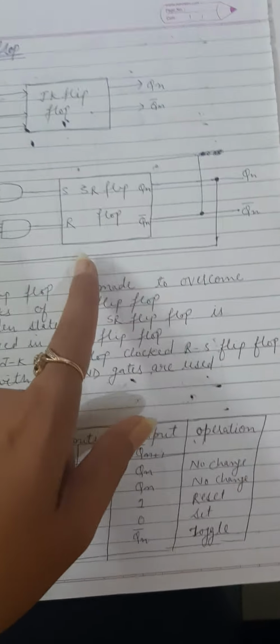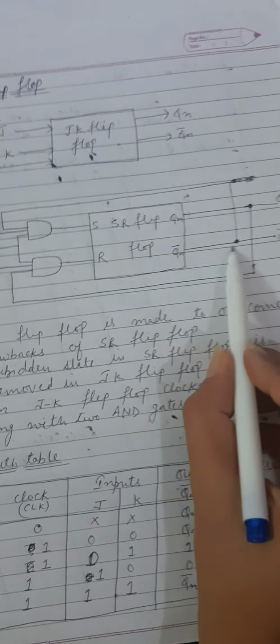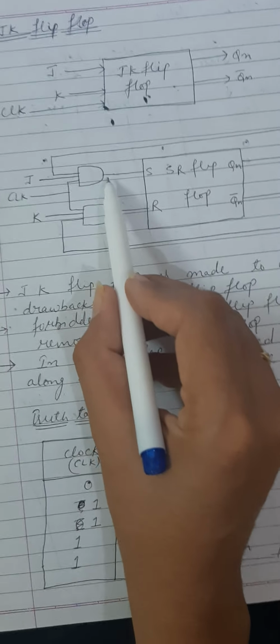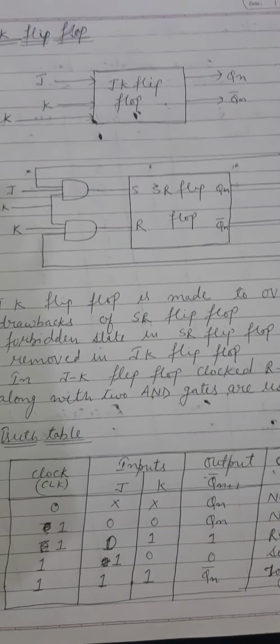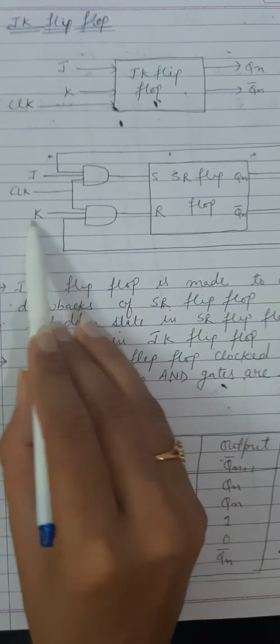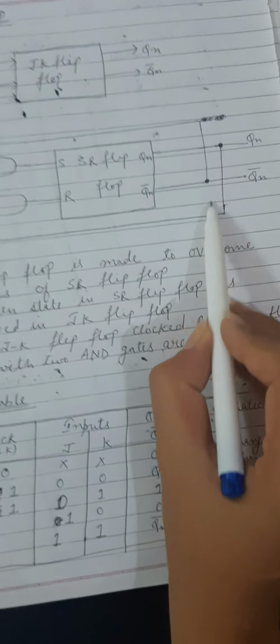Now look into the diagram. In SR flip-flop, the inputs S and R are used, and here the J input is given, and Qn complement and clock input. These three inputs are given into an AND gate, and the output of this AND gate is applied to the input S. And similarly, in the next, K input and clock input and Qn complement.